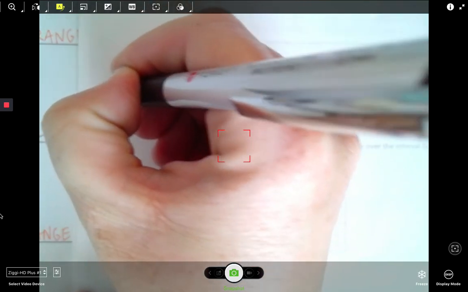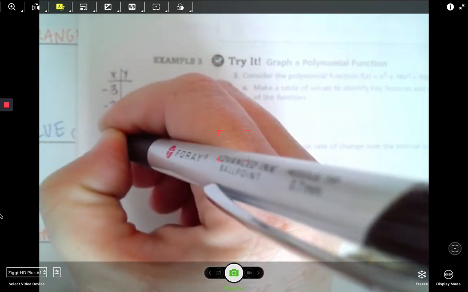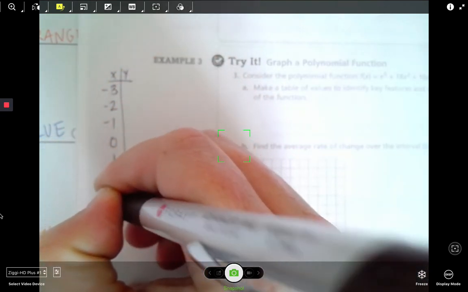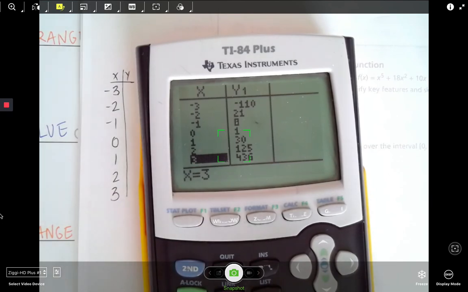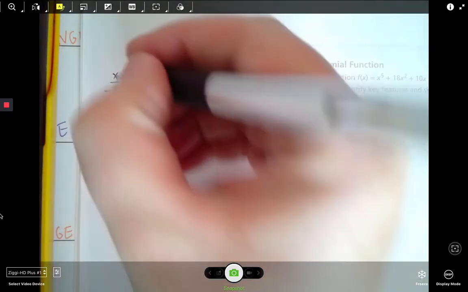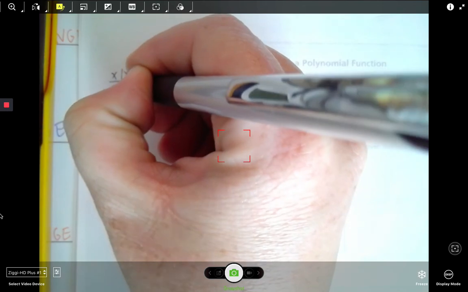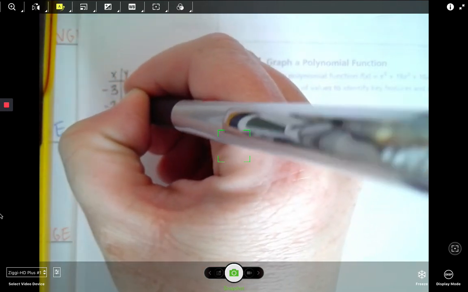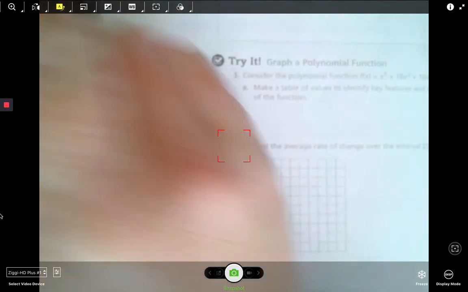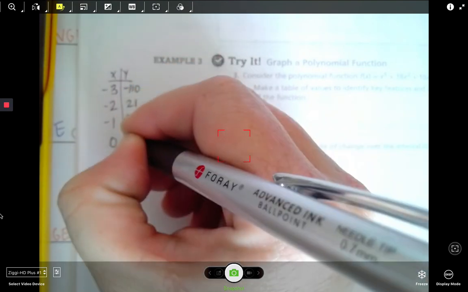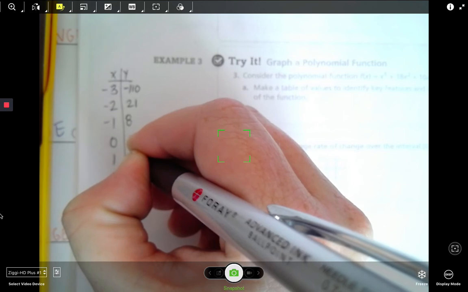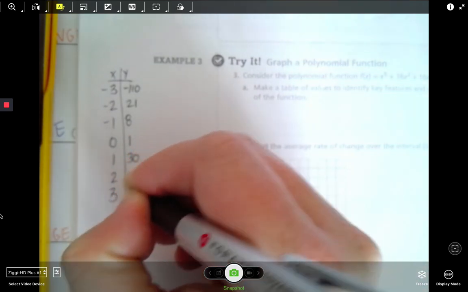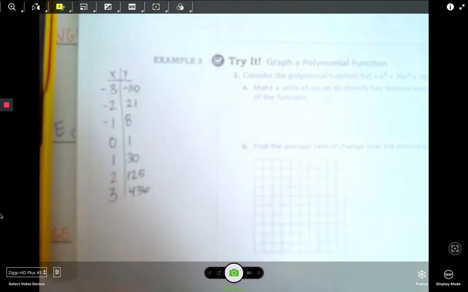So we start at -3, -2, -1, 0, 1, 2, and 3. So we start at -112. We've got 21, 8, 1, 30, 125, and 436.